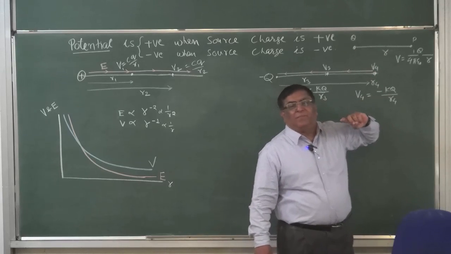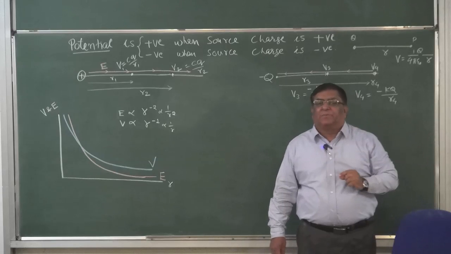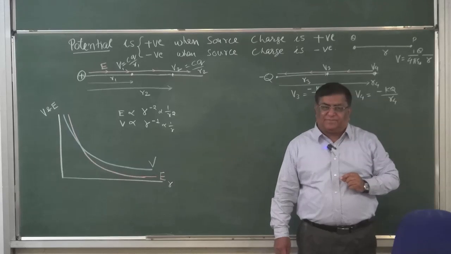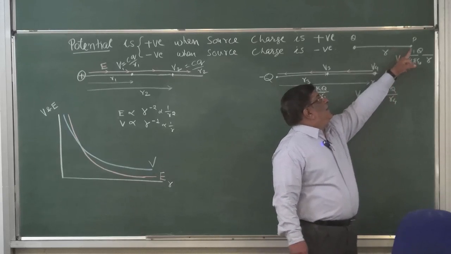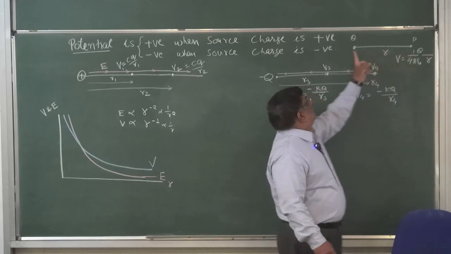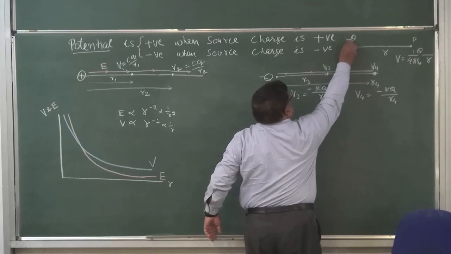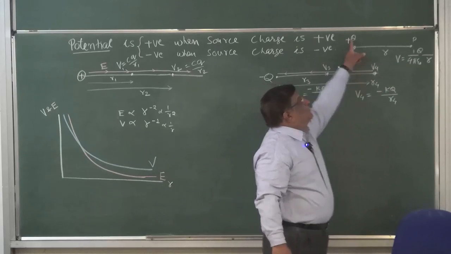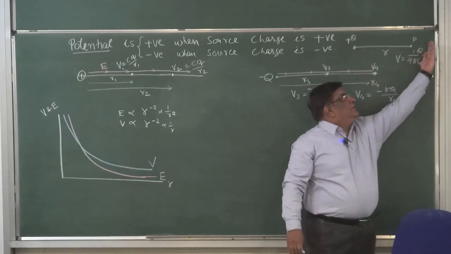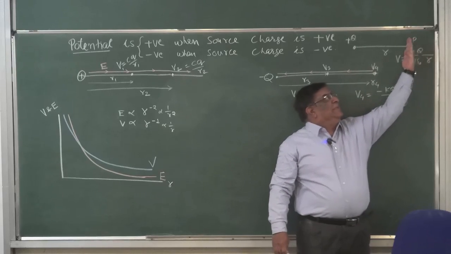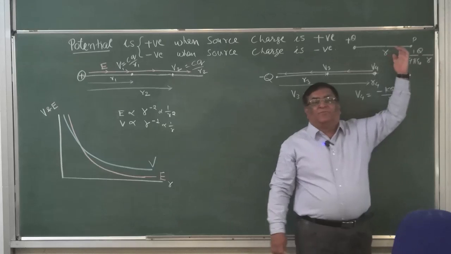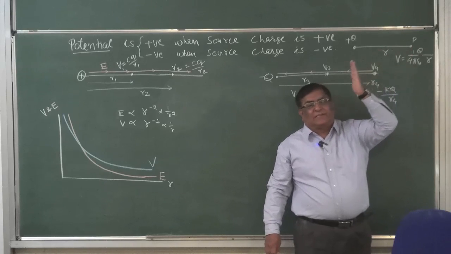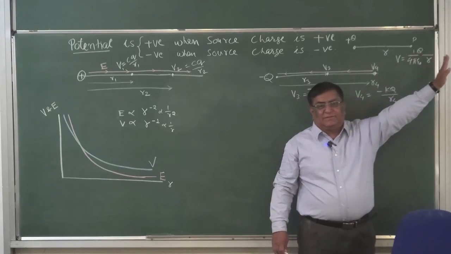The work done will be positive when the force and displacement are in the same direction. Here, if I bring a positive test charge and the source charge is also plus, I apply force in this direction.